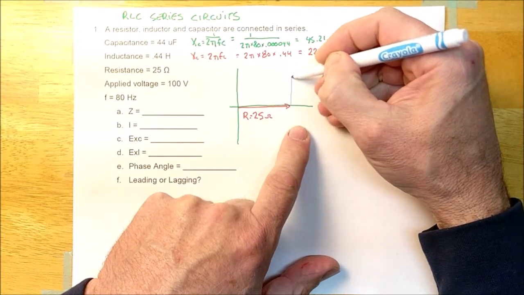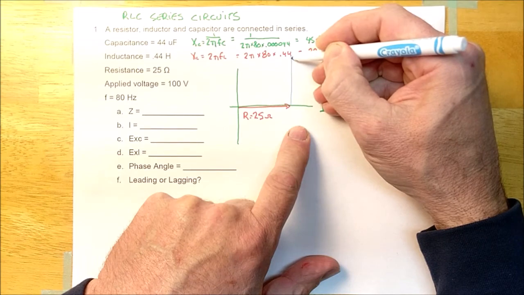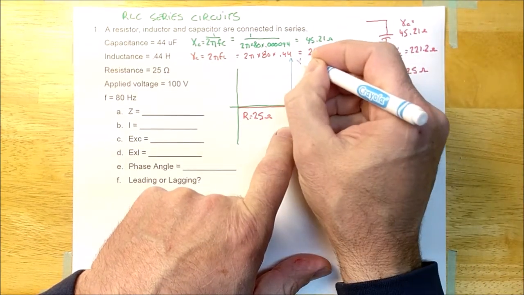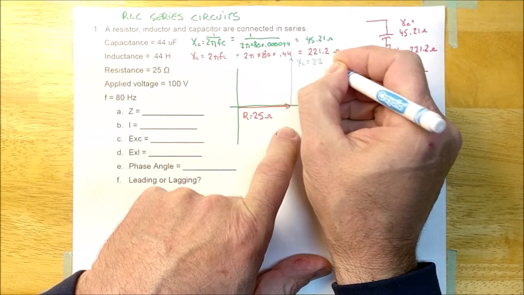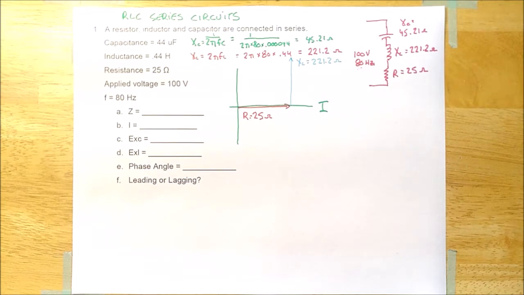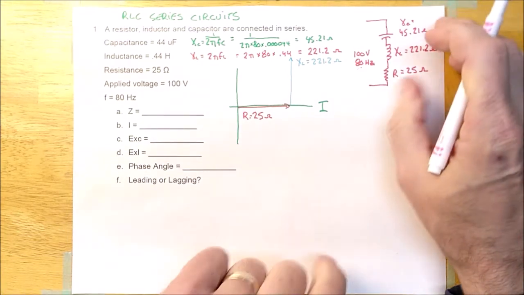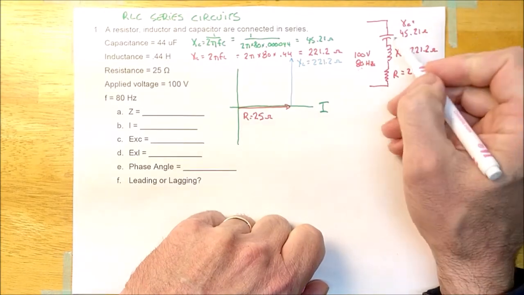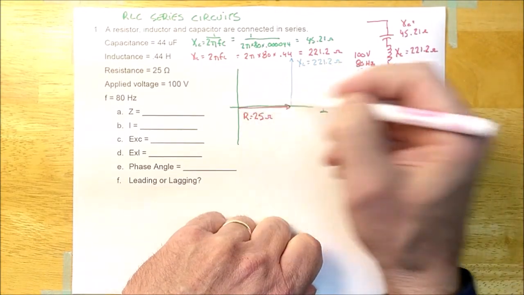So it's actually going to sit right here, and this is too short, but we're going to pretend that XL here is 221.2 ohms.